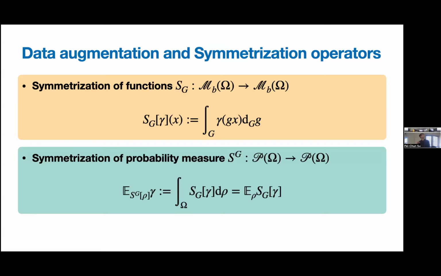We can also produce a symmetrization of probability measures. For each probability measure rho that is not necessarily G invariant, after symmetrization we can produce a G invariant copy of it. In particular, if rho is a discrete measure or empirical measure of finite samples, the symmetrization gives you the data augmentation of these finite samples.